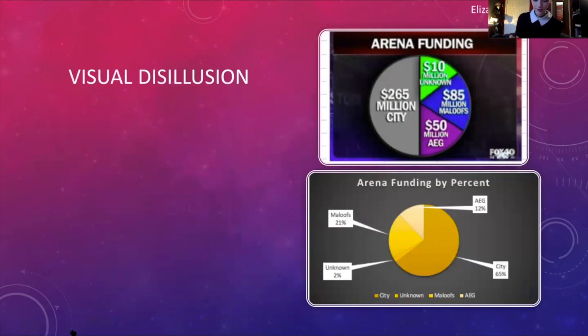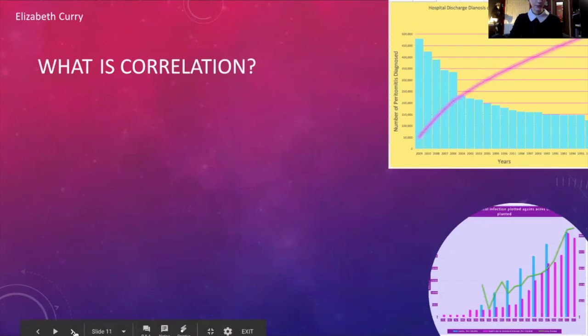If you notice how the unknown contribution on Fox News' pie chart looks substantial due to the visual dissolution, in reality, when you go ahead and put the proper information in, i.e. the numbers, and do the formula for it, you find out that the mysterious stranger only did about 2% towards the whole pie, which again is like nothing. So let's go ahead and move forward to what is correlation.